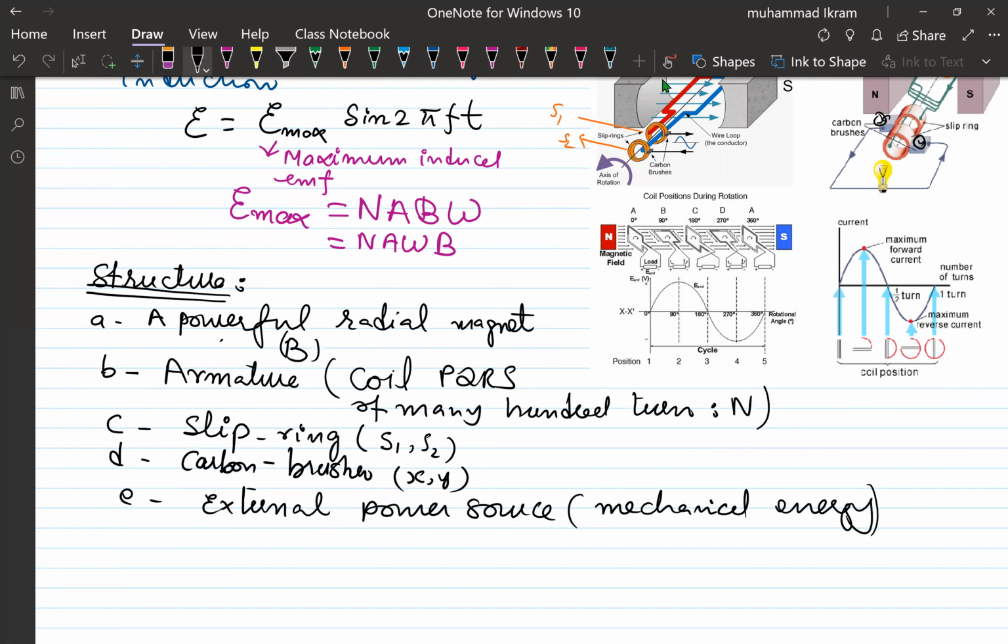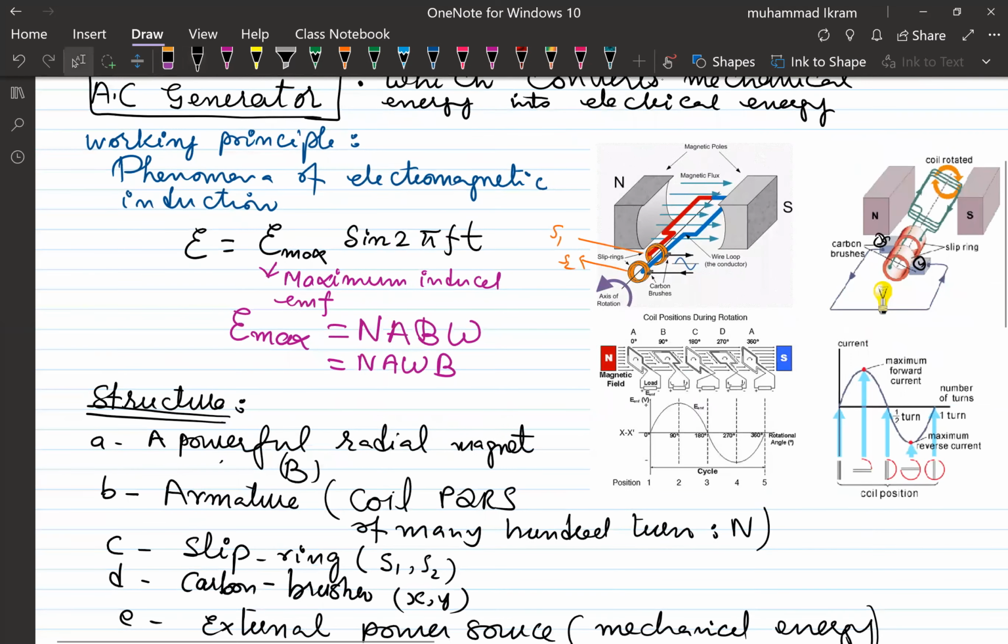So a moving coil in a static magnetic field is an example of dynamic induced EMF. So you see here the working.